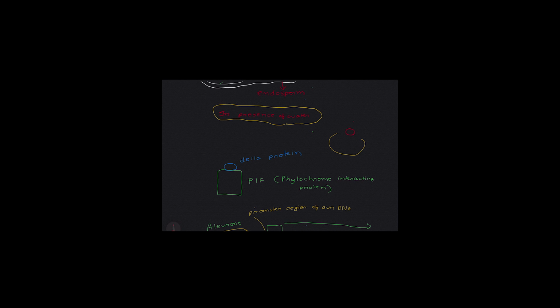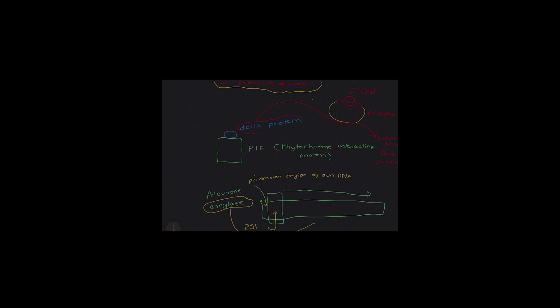The gibberellin binds to an enzyme which causes this enzyme to be activated, and this enzyme in turn breaks down our DELLA protein. And once this DELLA protein is destroyed, PIF is free to bind to a promoter region and thus transcribe this DNA, which will in turn code for amylase.